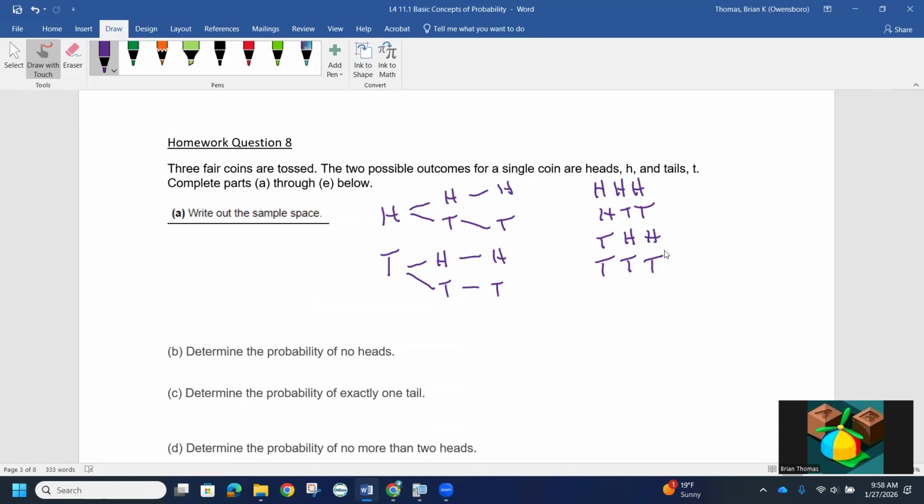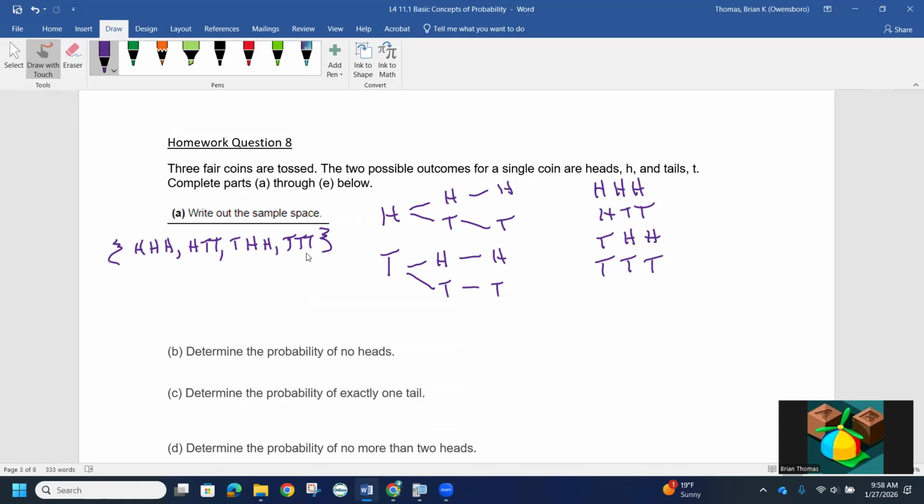Those would be our four outcomes. That would be our sample space. So the sample space would be the set of head, head, head; head, tail, tail; tail, head, head; and tail, tail, tail. So there's our sample space. Those are our outcomes.